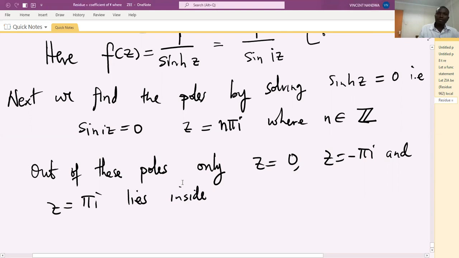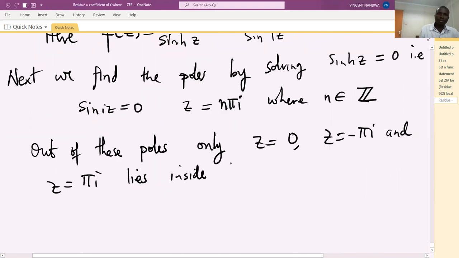The circle is specified to have a radius of 4 units. Please note that pi is roughly 3.142.